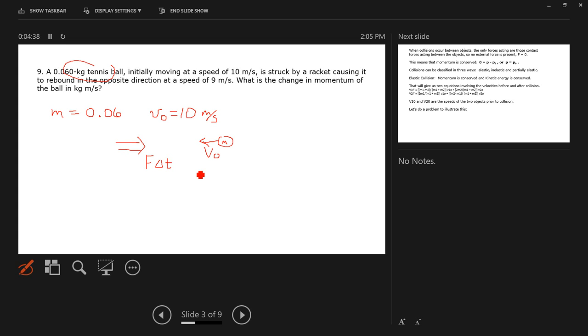As a result of that impulse, the after picture is that the mass is moving in the opposite direction with the speed of 9 meters per second. Let's put the 10 up here.